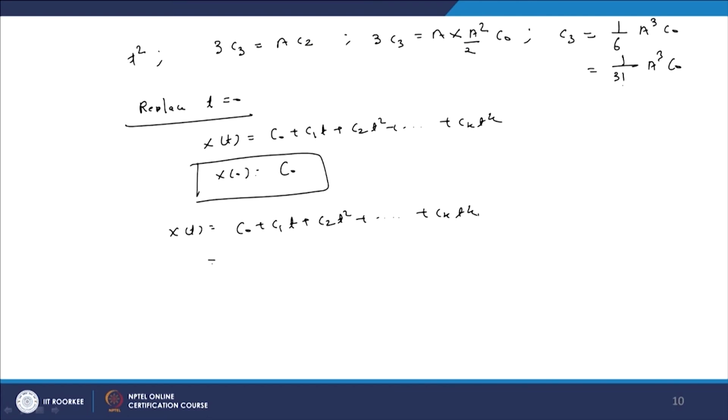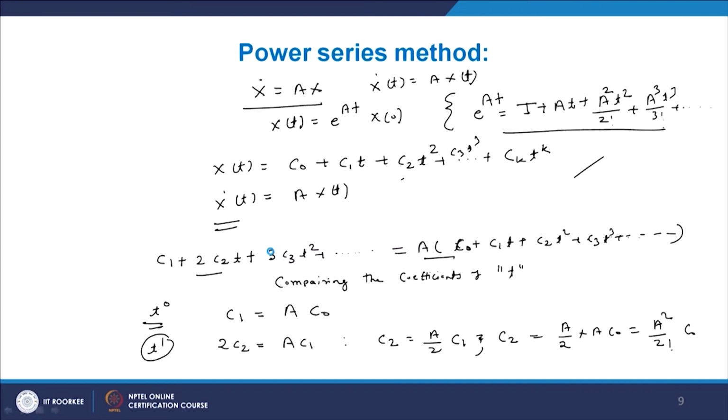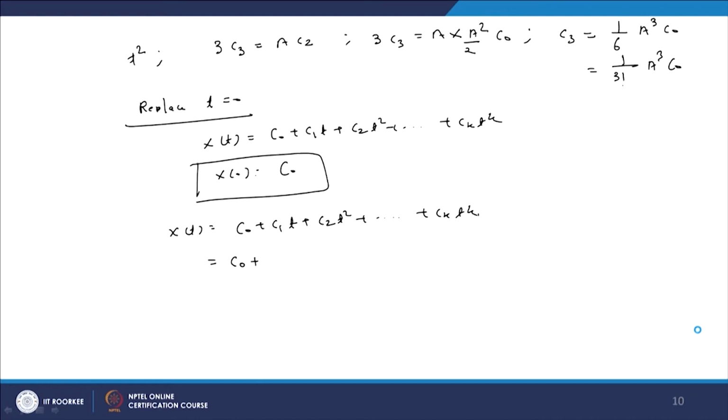If you replace, what is the value of C1? C1 equals A into C naught, C2 equals A square by factorial 2 into C naught, and C3 equals 1 by factorial 3 A cube into C naught.